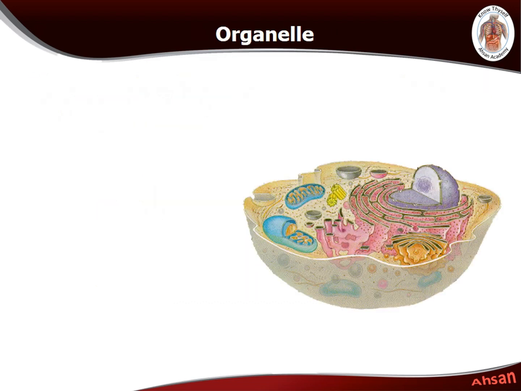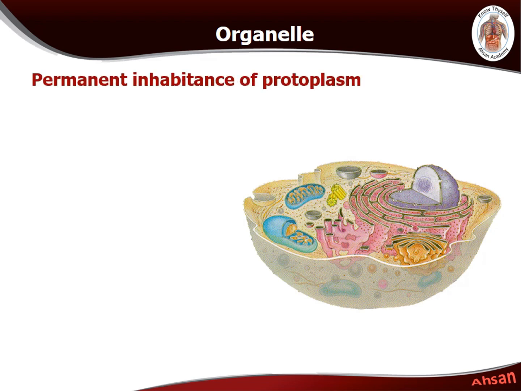What are the organelles and inclusions? Let us start with the organelles. These are the permanent inhabitants of the cytoplasm. If we consider the nucleus as an organelle, then the protoplasm contains organelles. But the nucleus is not usually considered an organelle. So in the cytoplasm, we will get some particulate matter.